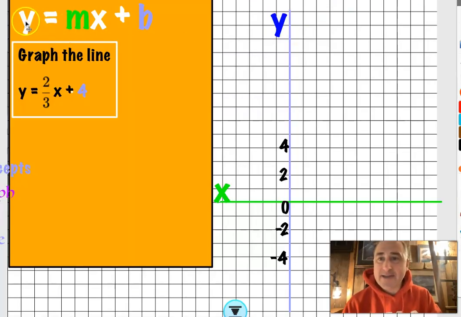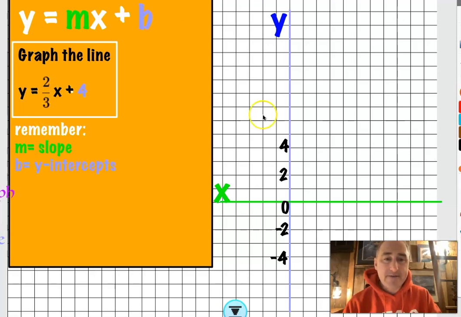So I have my template here, y equals mx plus b. Notice that b is blue, like the sky, and this is my y line where the graph's going to first hit the b. I've got my m here is 2 over 3.